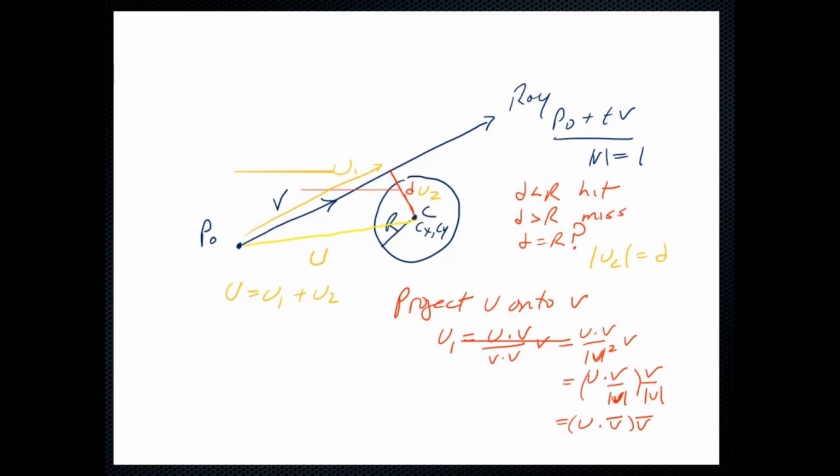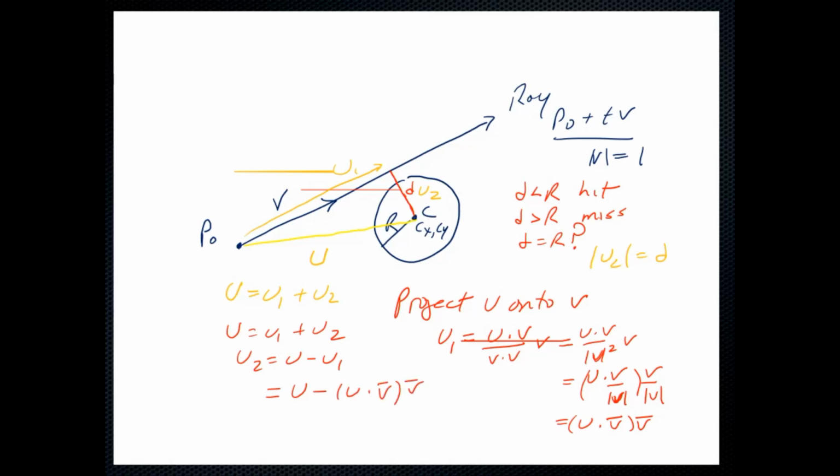Now, since we have u equals u1 plus u2, then u2 is equal to u minus u1, which is equal to u minus u dot.